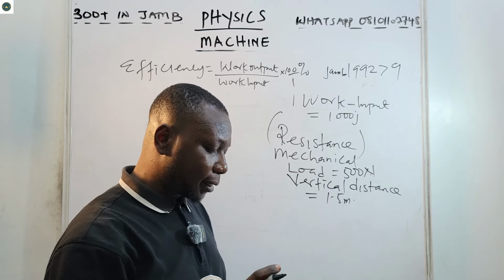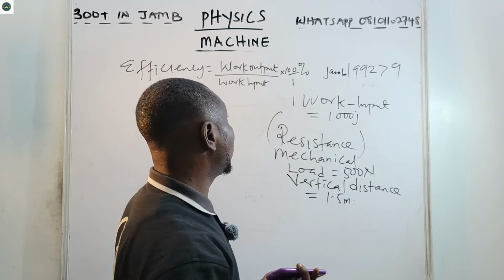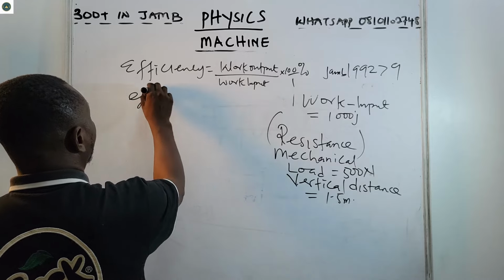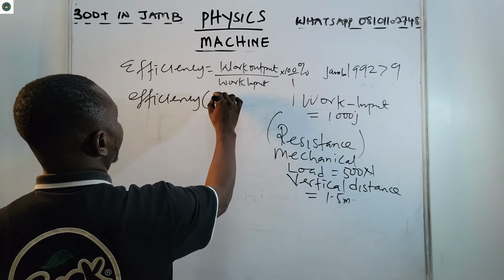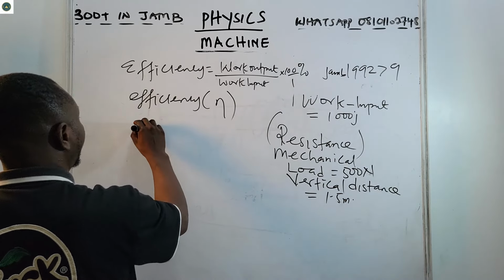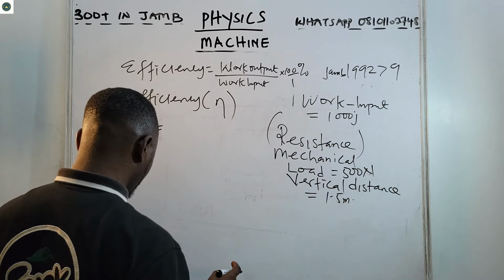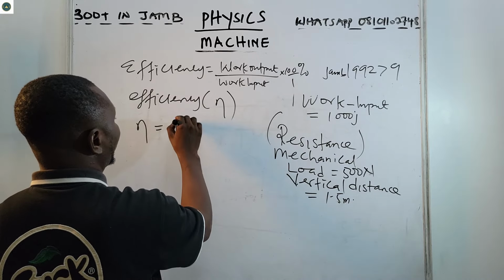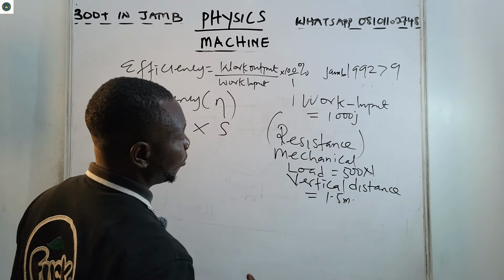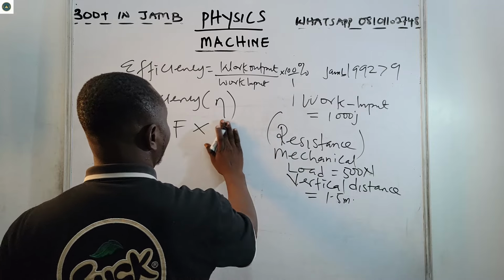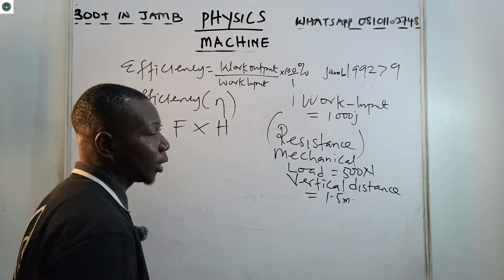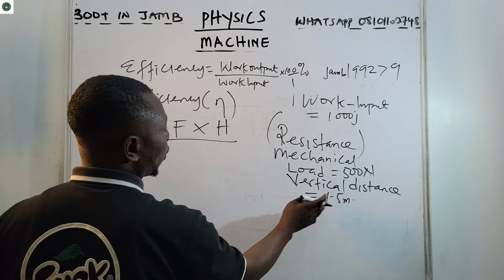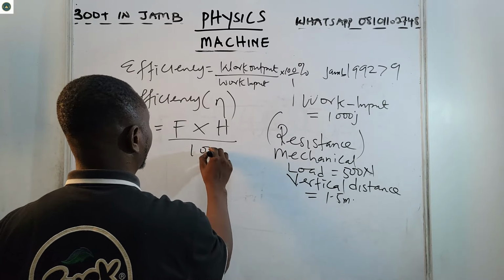So either you say work output, we can say useful. So efficiency can also be this symbol. This is the symbol for efficiency. Now work output. For us to get work output, we know that work is force times distance. But this distance is a vertical distance, so we can use H. Now the work input, we already know, is 1,000.